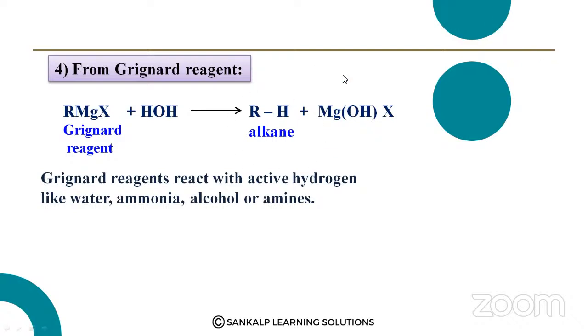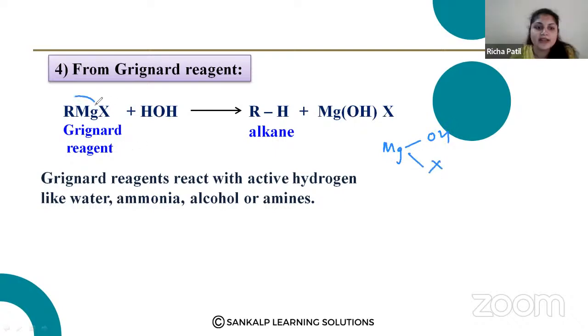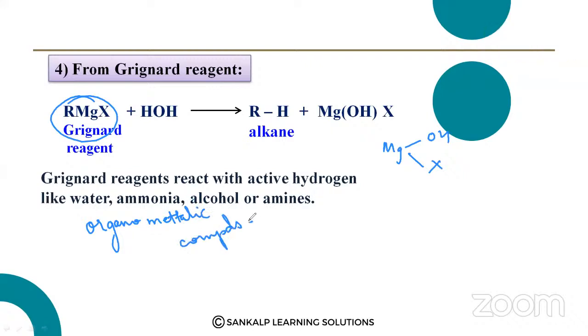It forms alkane, and the side product formed will be Mg(OH)X. Remember, Grignard reagent is called organometallic compounds. So from Grignard reagent you can form alkanes.